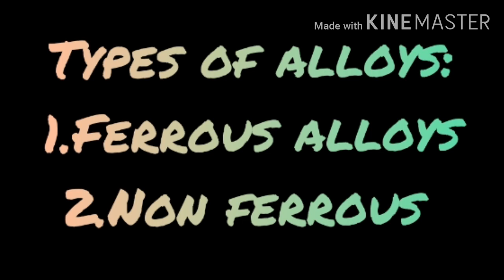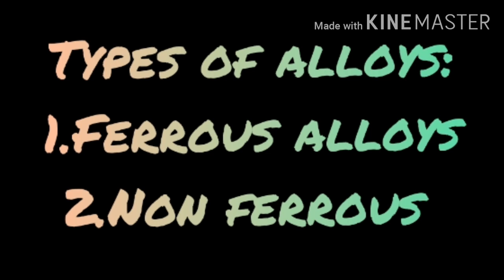So an alloy containing iron is called a ferrous alloy. Ferrous is a Latin name for iron, ferrous, Fe. So the alloys containing mainly iron are classified as ferrous alloys, and non-ferrous alloys are the alloys which do not contain iron. All the other metals excluding iron, they are called non-ferrous alloys.